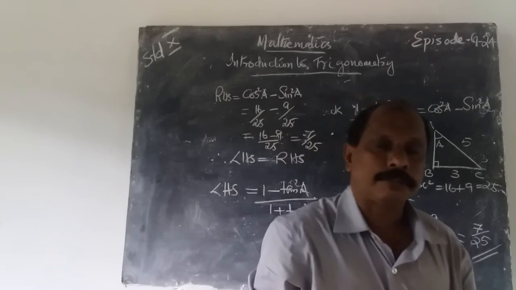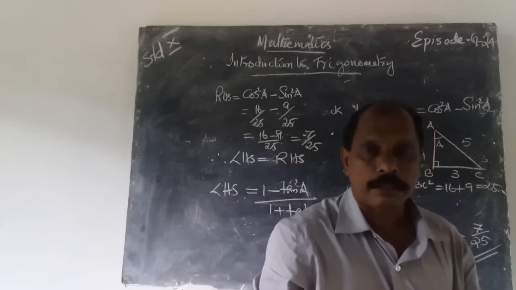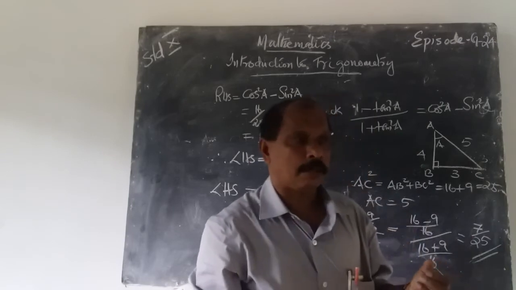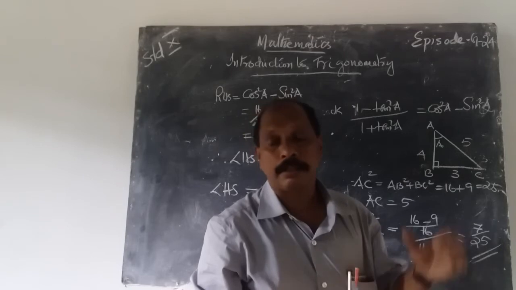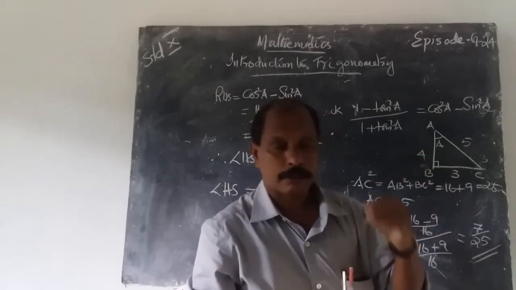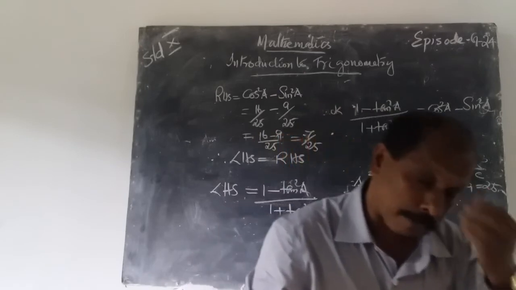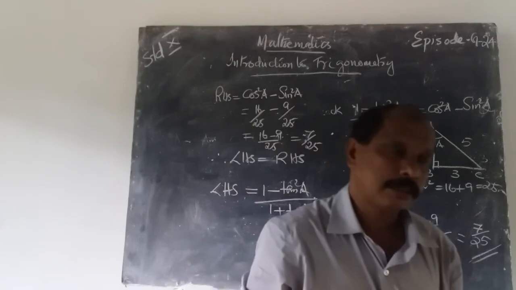Okay. From the result we get the tan A. Therefore 1 minus tan square by 1 plus tan square is 7 by 25. Then from that 3 and 4 we can find out the hypotenuse, that is 5. That is a Pythagorean triplet.